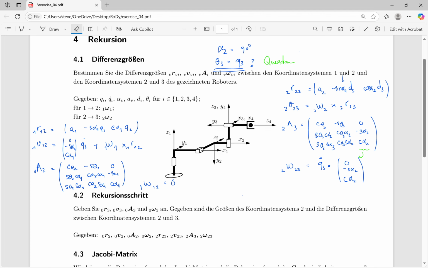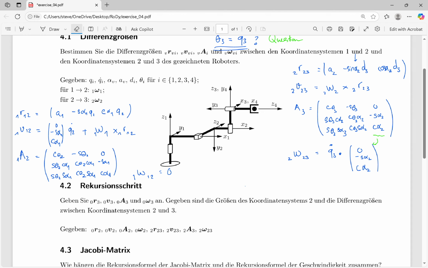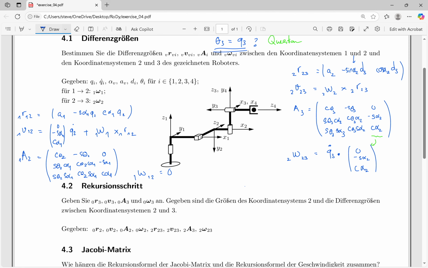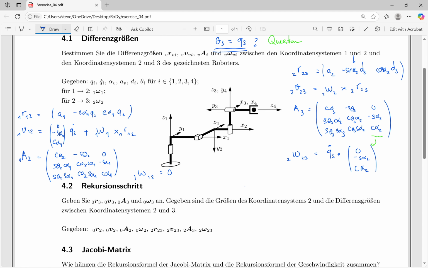Now, let's take a look at some of them. So R1, 1, 2, this one is just copied from the formula, but it's important to know at least what A1 is. And in this case, A1 is the distance between the two z-axes.